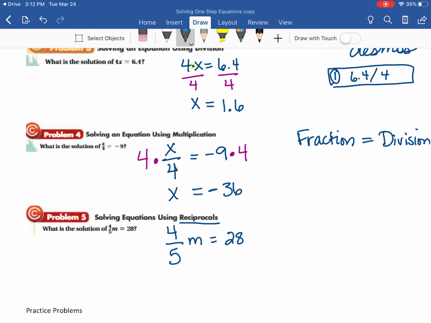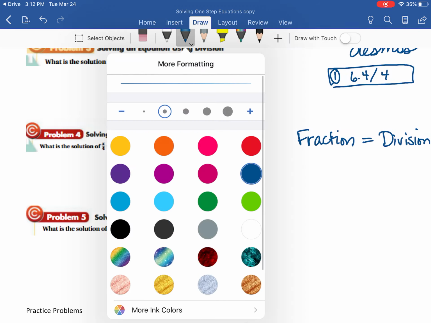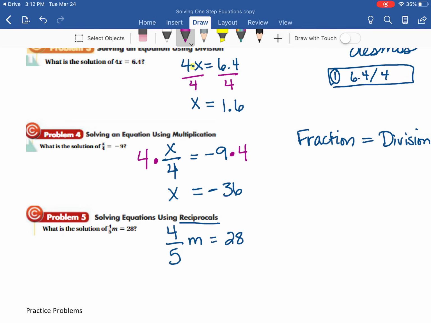What that does is it makes it a value of 1, which is what I want. So we're going to flip that fraction. If I have 4/5, I flip that, so that's 5/4. That's the reciprocal. And I'm going to multiply by that reciprocal.